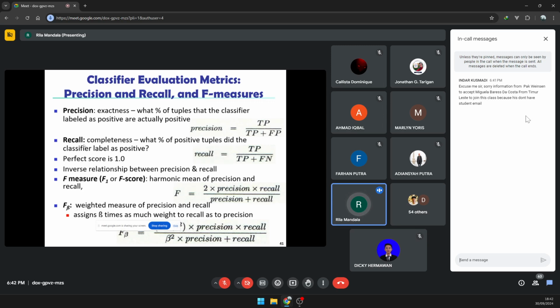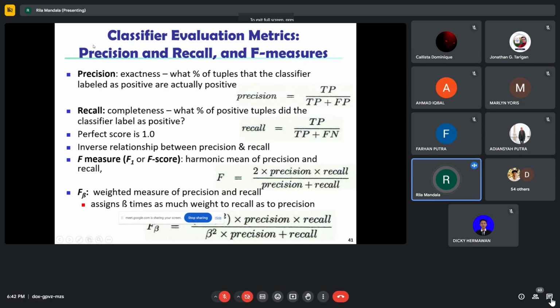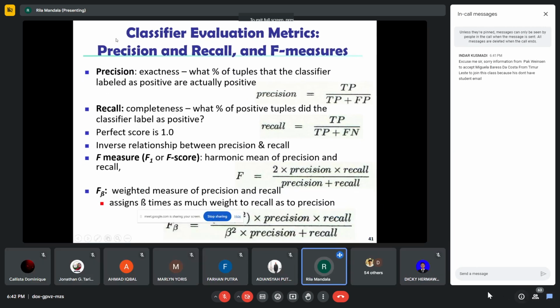It is very rare that you have methods that can increase both recall and precision, if not impossible.